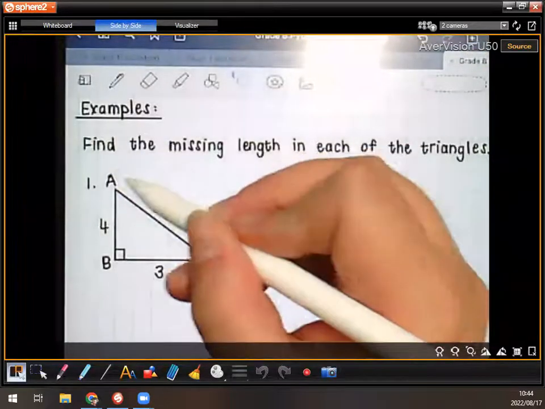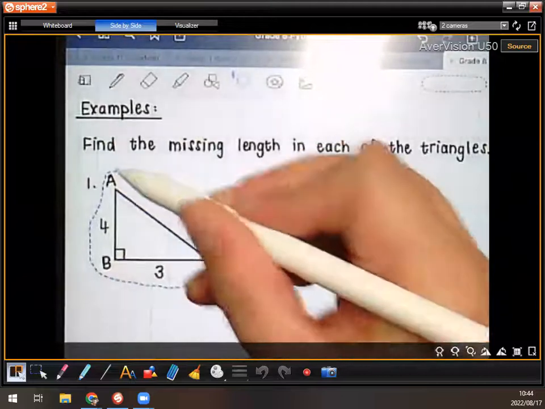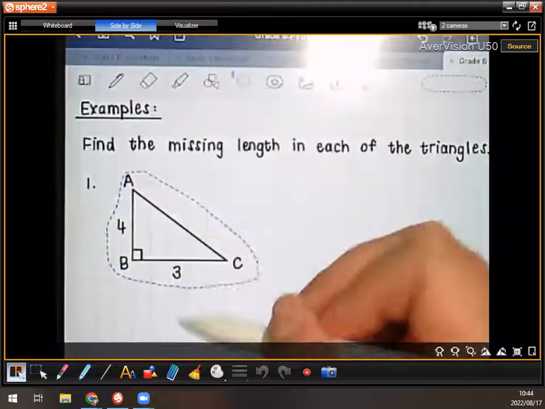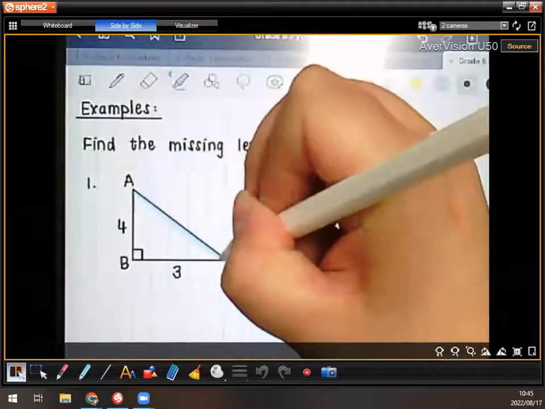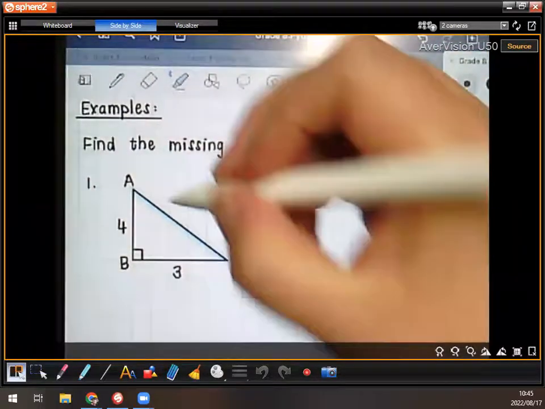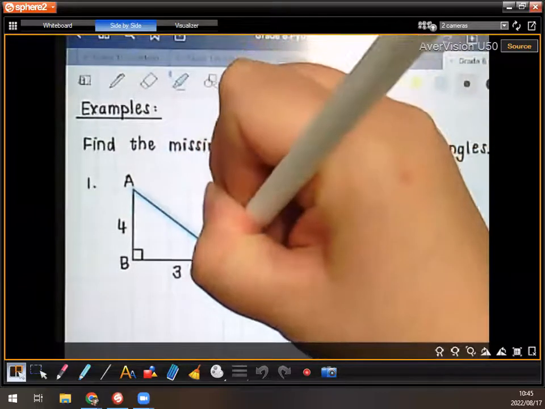Those are the lengths. I'm also going to highlight the side that's missing. You can use a different color pen and go over that line. Line AC is the one that we need to find.